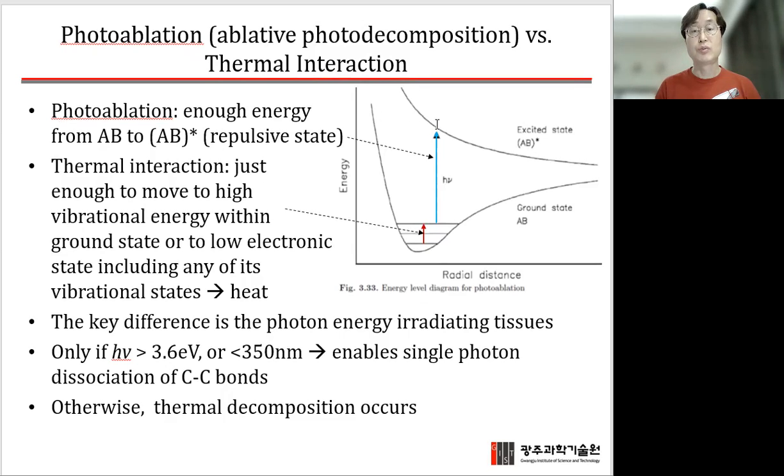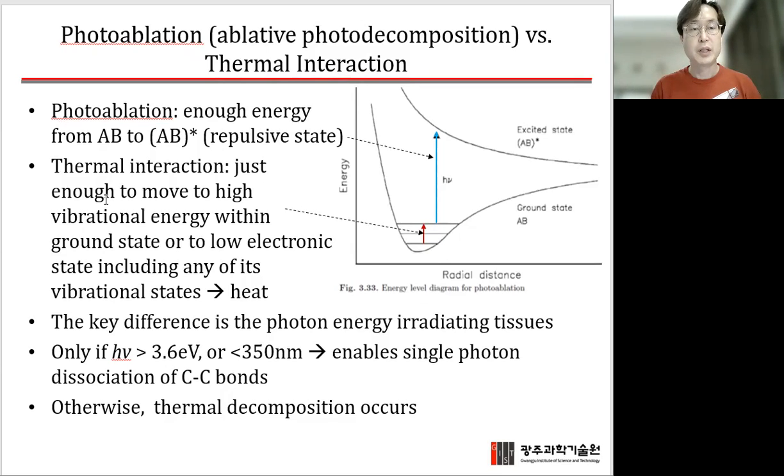And then to lower this energy, basically they need to make a much longer separation between A and B, and then there is a repulsive state. By having that repulsive force, they will be separated. So the AB will become A and B, and then boom, going away.